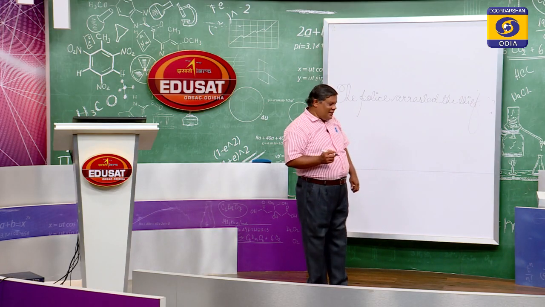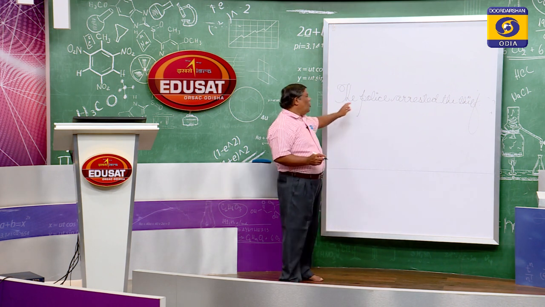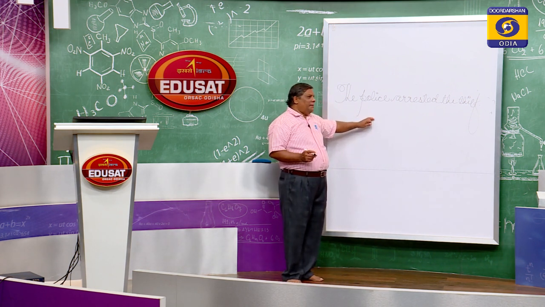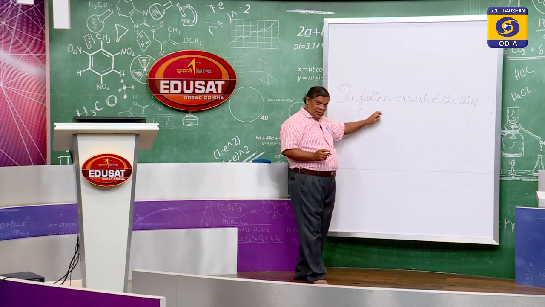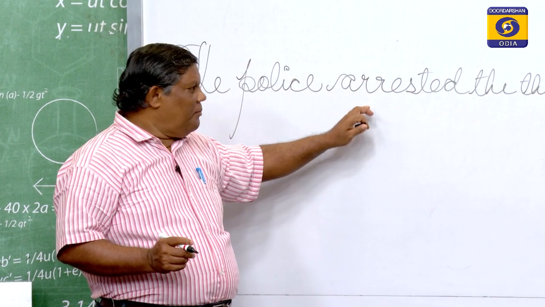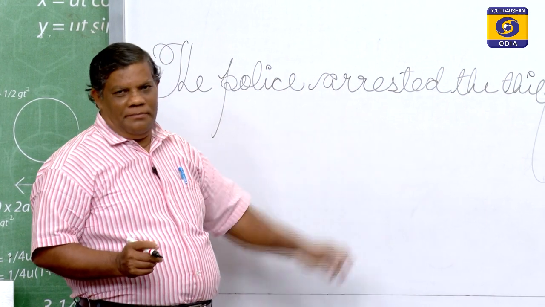When we make such a sentence passive, the form is object plus be past plus third form of the verb plus by agent.